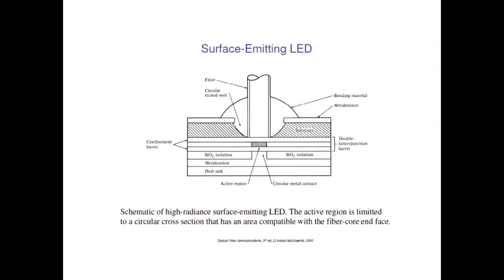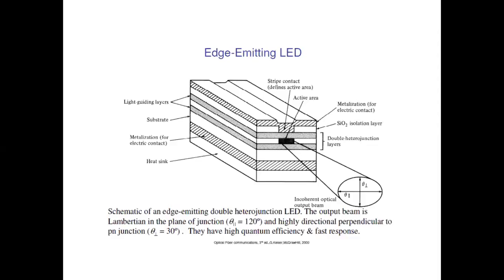The surface emitting LEDs basically have an active region limited to a circular cross section that has an area compatible with the fiber core or face. So we're talking about putting this LED into a fiber optic. Edge emitting LEDs are probably found most commonly.